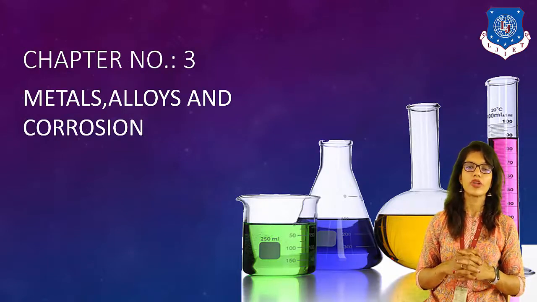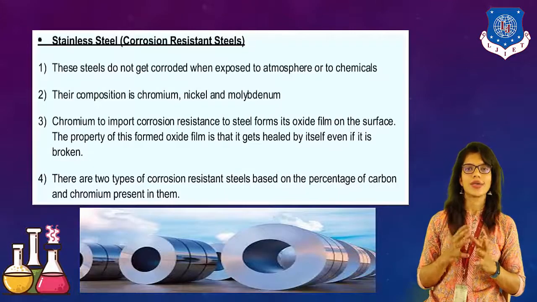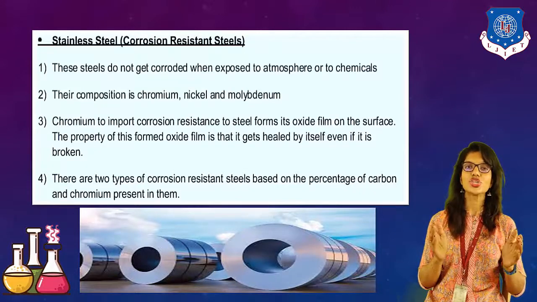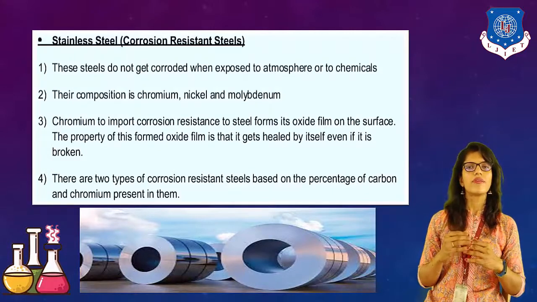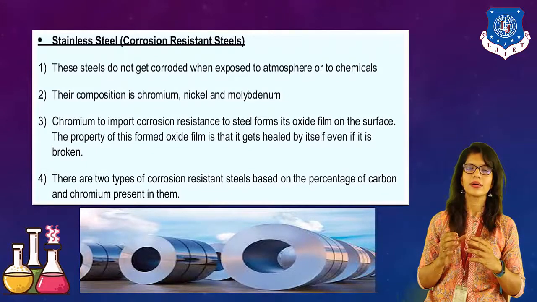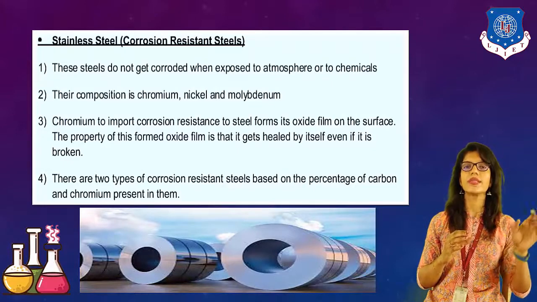Afterwards, we have seen what alloys are. Alloys are actually a mixture of two or more metals together. Here we have to understand that when two or more metals mix together in their molten form, they convert themselves into an alloy.